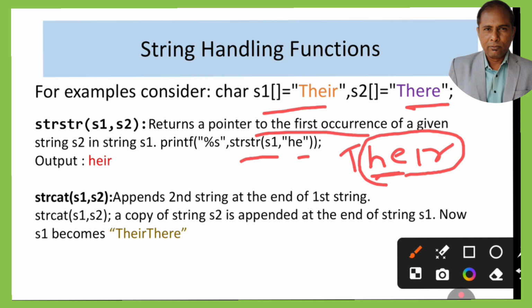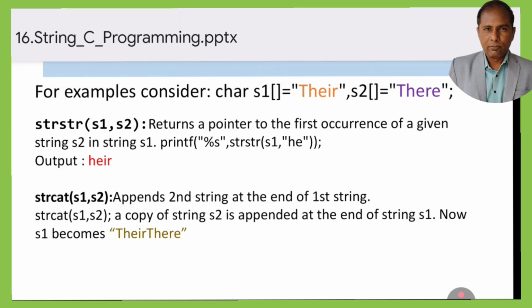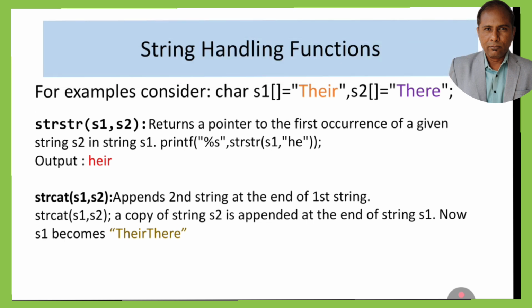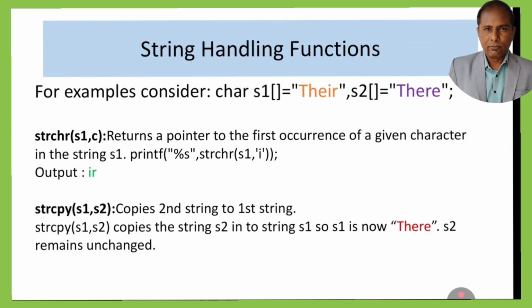For example, if I write strcat(s1, s2), it will combine both the strings, where s1 is THER and s2 is THERE, so both strings are combined. Now, if we talk about another string function, I have here strchr.